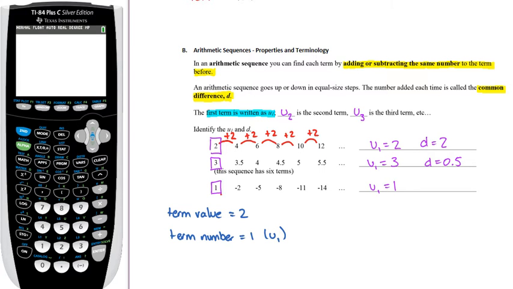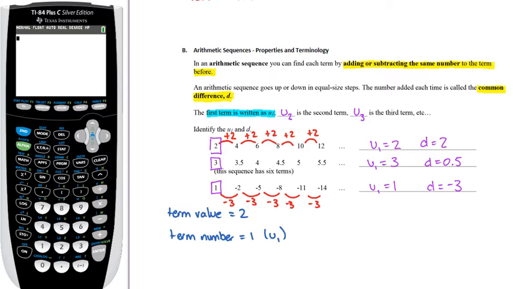We're going down, which means from 1 to negative 2, we subtract 3. Or you can think about it as adding negative 3. That's probably the better way to think about it, because we should always think about the common difference as the number that's added each time. So we're adding negative 3 each time, and our d value here is negative 3. Identifying these pieces is going to be really important, because the formula involves all of those pieces.